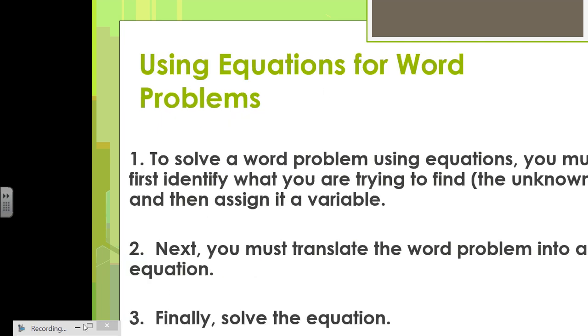To solve a word problem using equations, you must first identify what we are trying to find, the unknown. We are going to assign it a variable. For example, t is equal to the number of turtles.